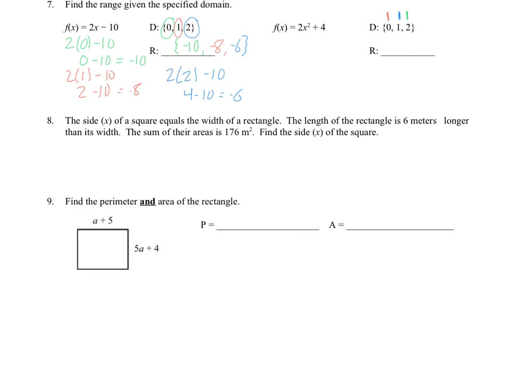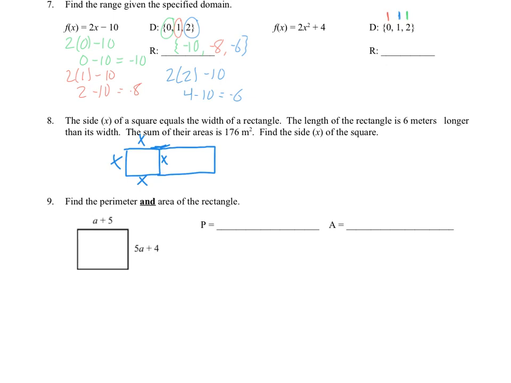So the side of a square equals the width of a rectangle. That means when I draw this out, there's the square, and the rectangle is just going to have the width equal to that side of the square. Meaning the square has all equal sides. That's what a square is, right? So x, x, x, x, right? While the length of the rectangle up here is going to be 6 meters longer than its width.